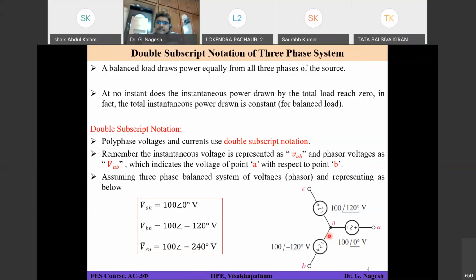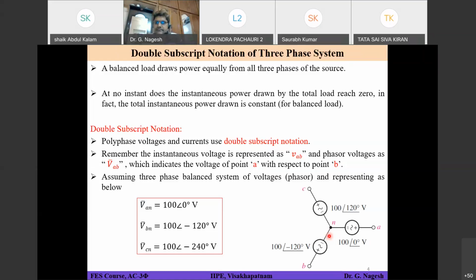If I want to create a balanced system, the basic condition is that the phase difference between different phases should be equal. So if I create 120 degrees phase shift, that is possible. That is the reason you have the 120 degrees phase shift I have shown here.